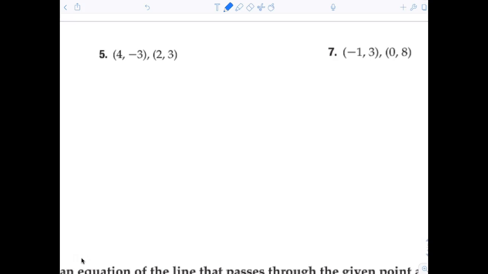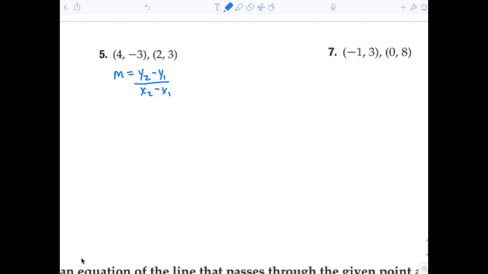So that slope formula, which he reminded me of, was m equals y2 minus y1 over x2 minus x1. Does anybody have any objections to that? Now I'm going to find what the slope is.